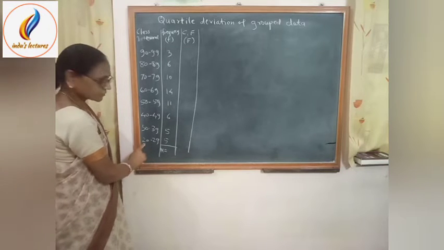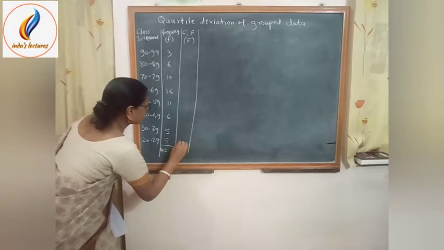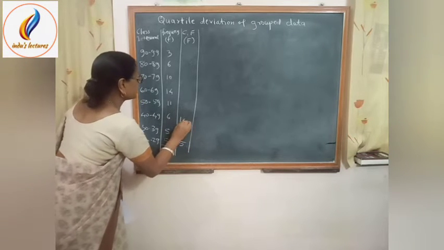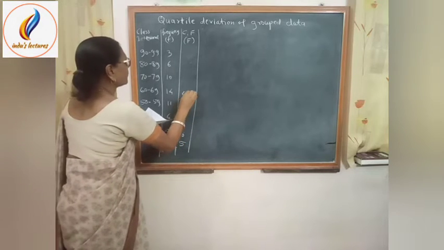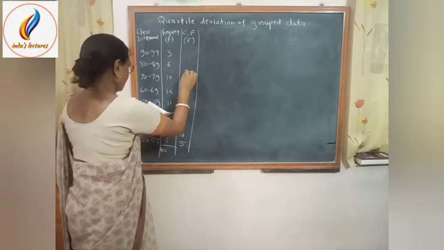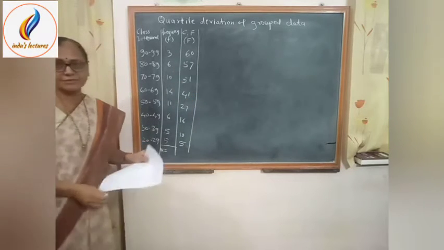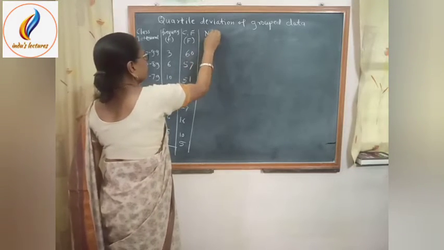So start from the class interval 20 to 29. So its cumulative frequency is 5. Then next 10, 16, 27, 41, 51, 57 and 60.